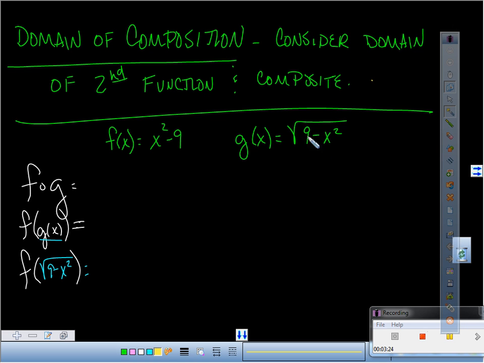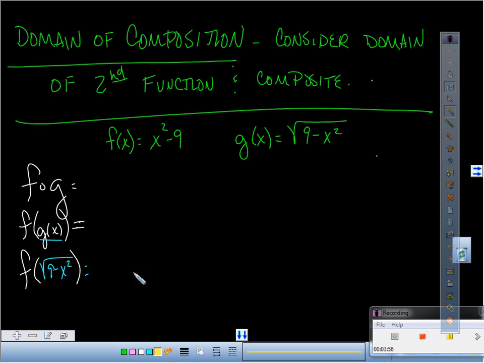Can't we just say the square root of 9 is 3, and the square root of x squared is x? Yes or no? Why? Very good. Because they are subtracted. Now, if it was 9 times x squared, could you do it? Yes. But if it's added or subtracted, you can't do that, so make sure you don't do crazy stuff like that.